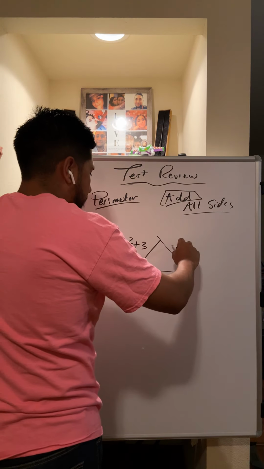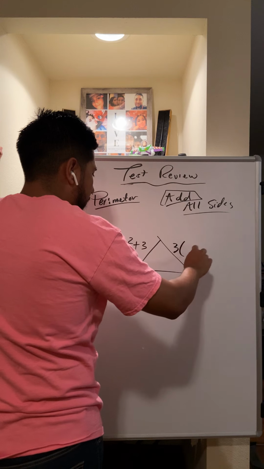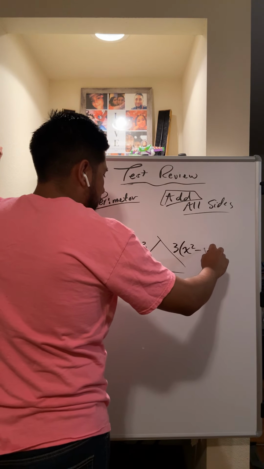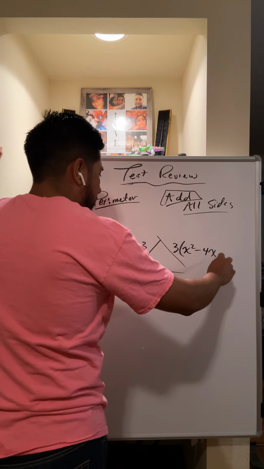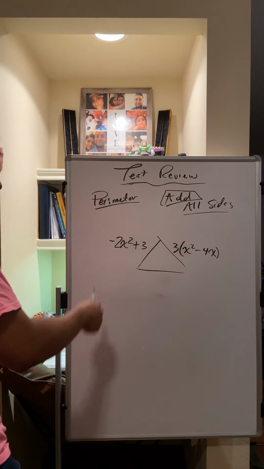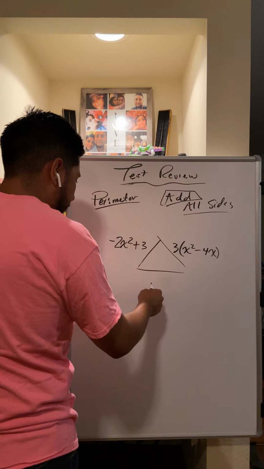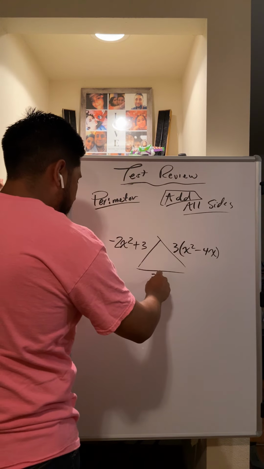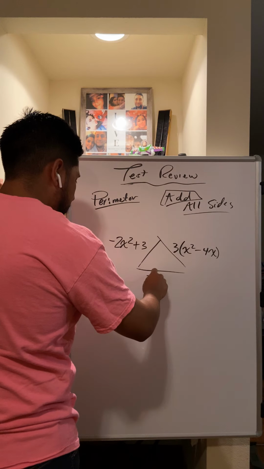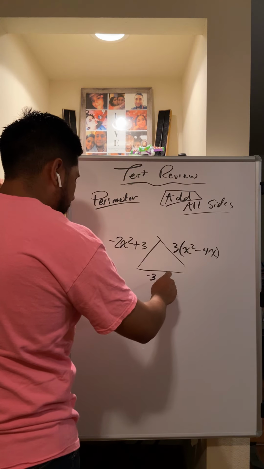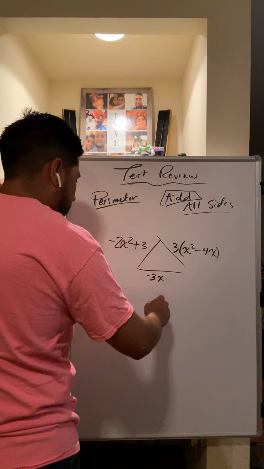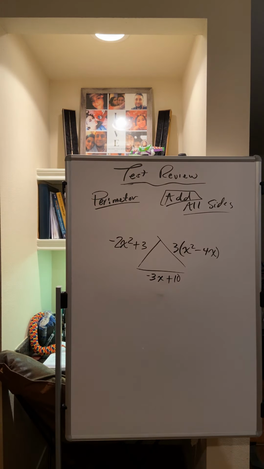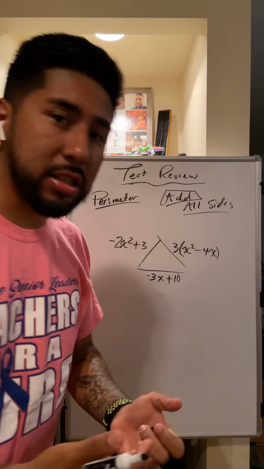We have 3 parentheses x squared minus 4x. And then we have negative 3x plus 10. We're still adding all the sides, ladies and gentlemen.